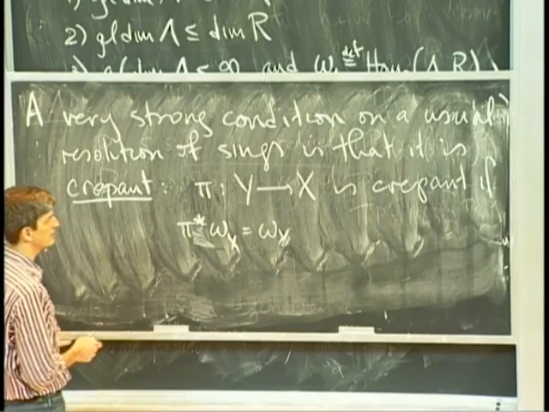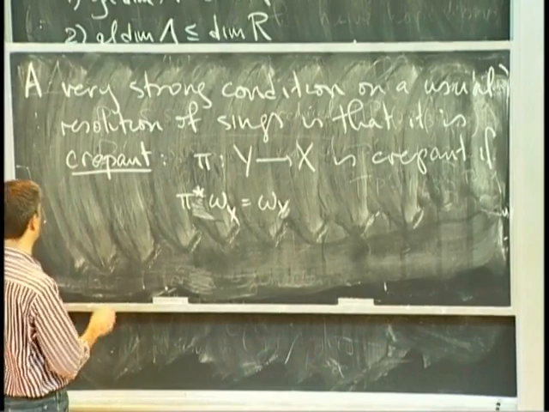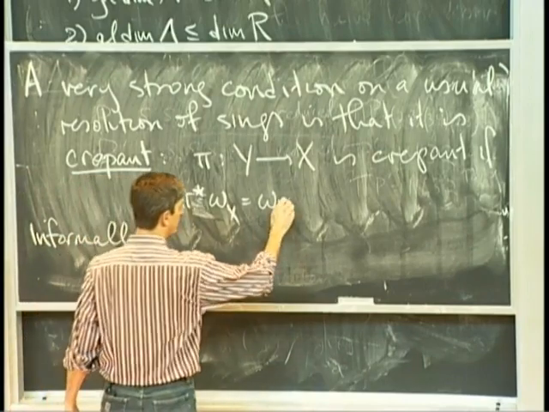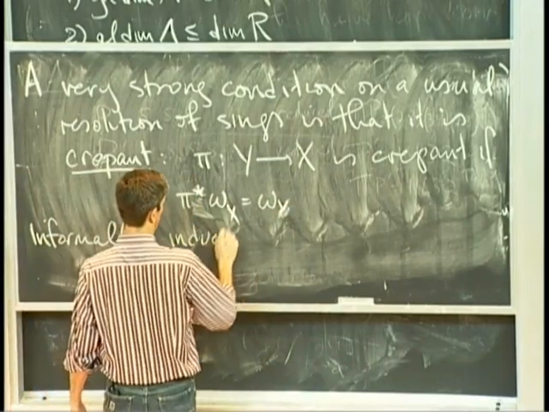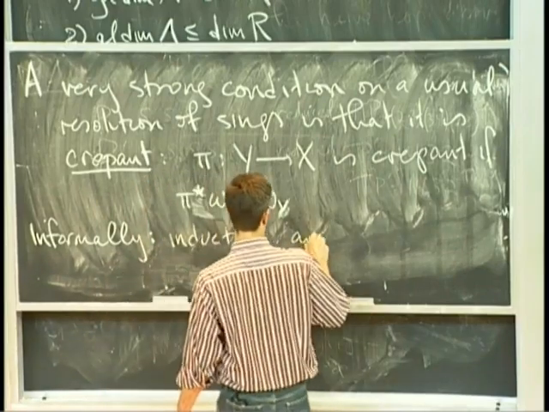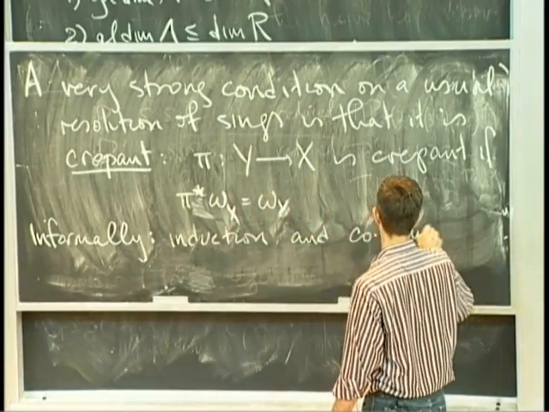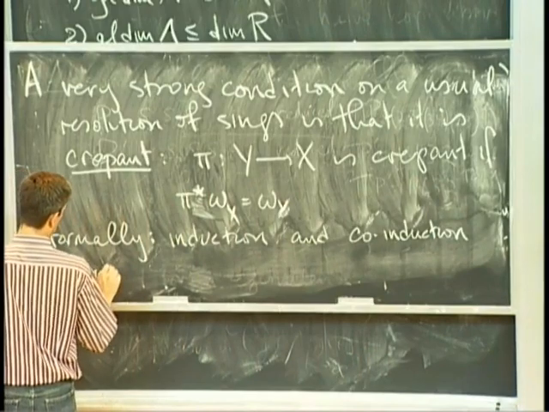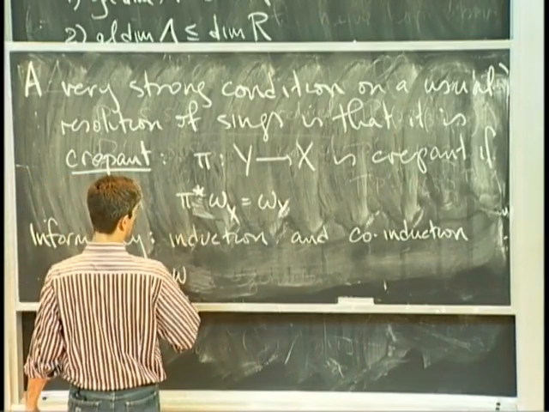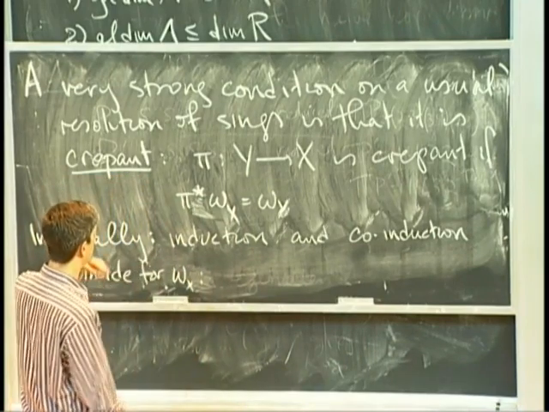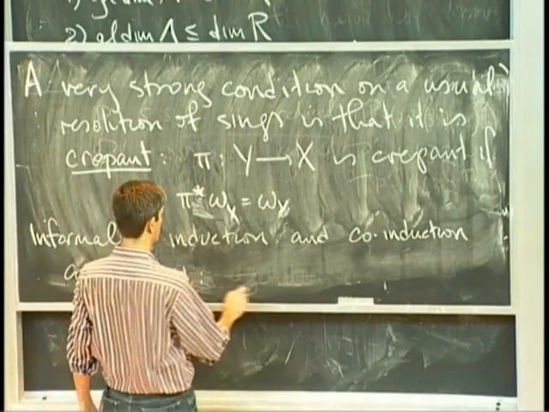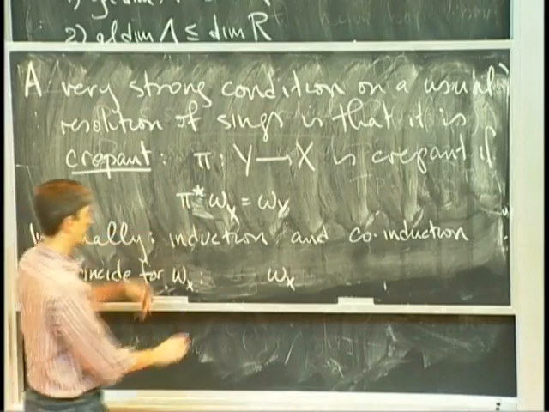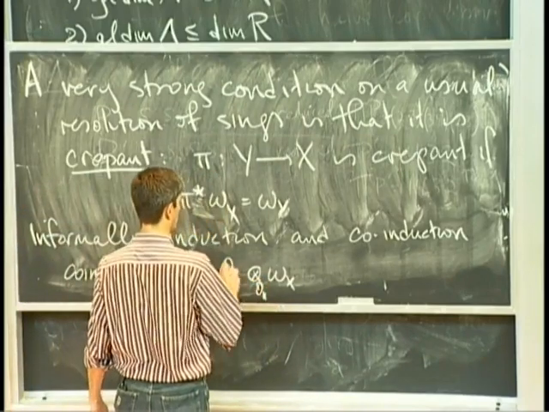But for me, again, as a simple-minded commutative algebraist, what this means is that induction and co-induction coincide. So what I could do is, if I've got the canonical module for X, I could tensor it up over O_X to O_Y.